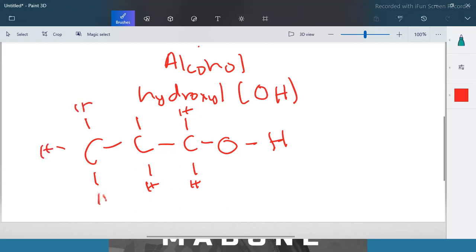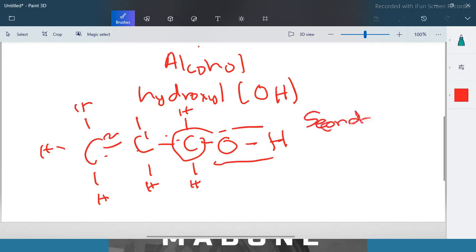This is H, H, H. Can you see that this carbon is attached to that? That's the father, and this is the son. How many other carbons are attached to this? There's three other carbons. There's two other carbons, my bad. Two other carbons, 1, 2. The fact that there's two means it's a secondary alcohol.